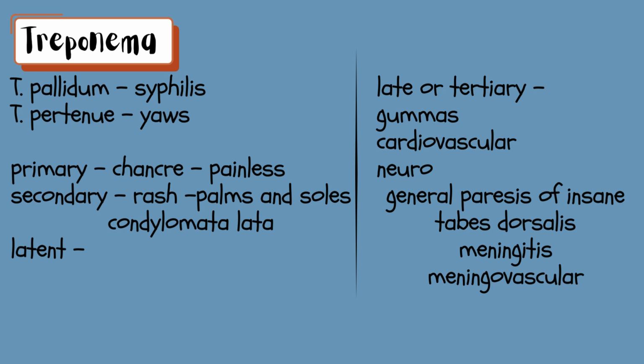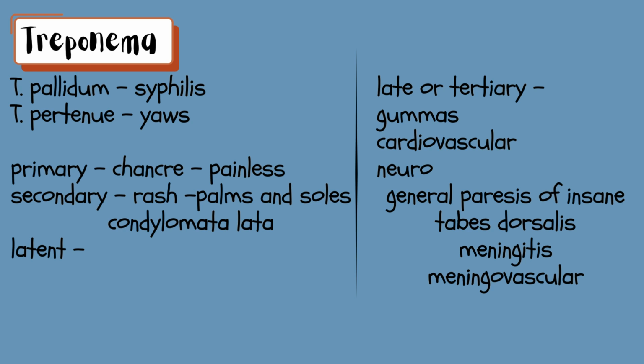Okay. And condylomata lata is a benign and painless cutaneous manifestation of secondary syphilis. They are hyperpigmented growths, typically located in the genital area. Okay, so that is condylomata lata.